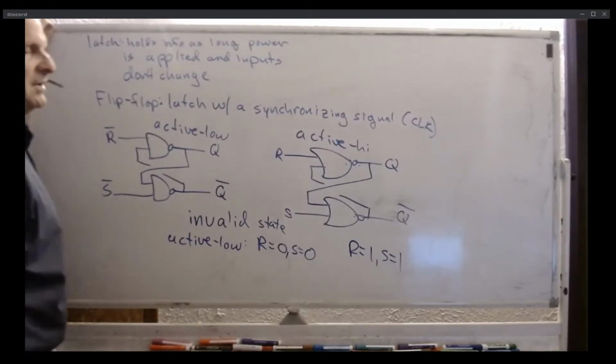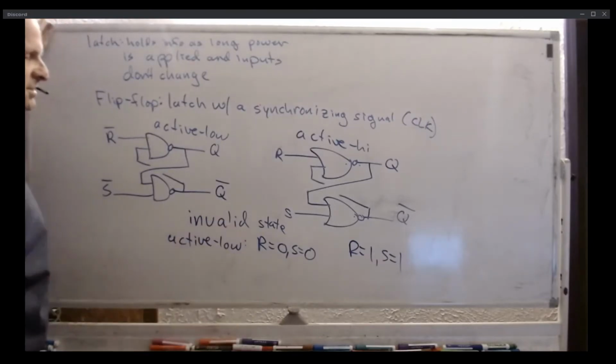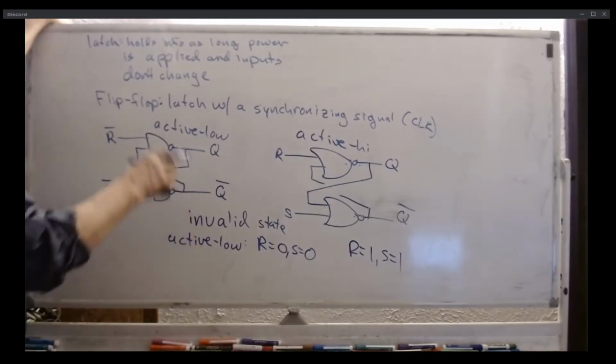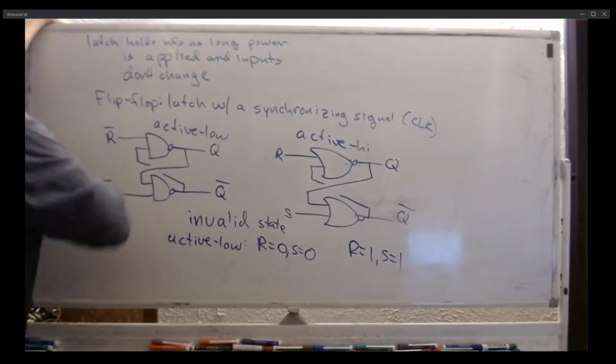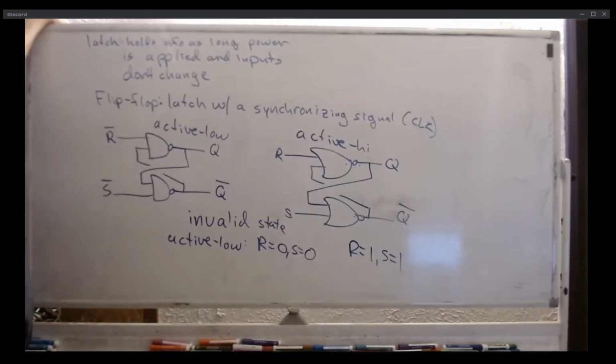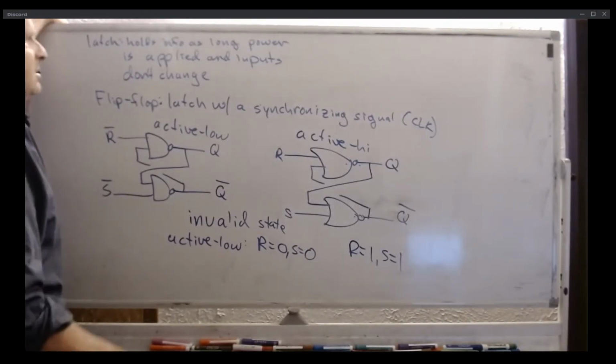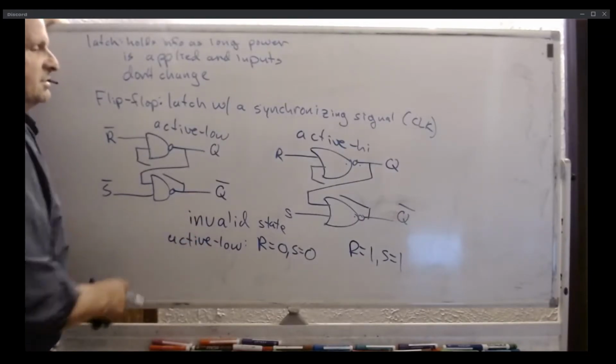And if it's a full value, then usually you're not interested in the Q naughts. You just want the Qs. So that's an example of not having the Q naughts. If you're storing memory, you're not going to be using Q naughts.